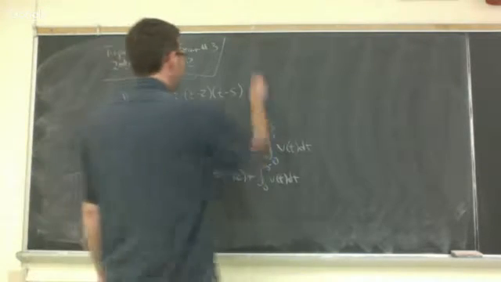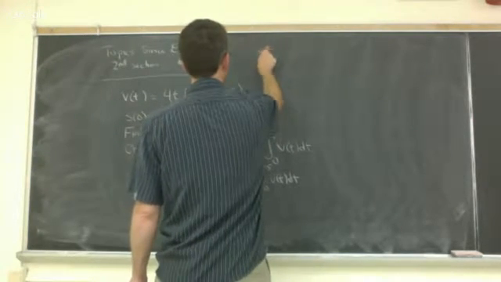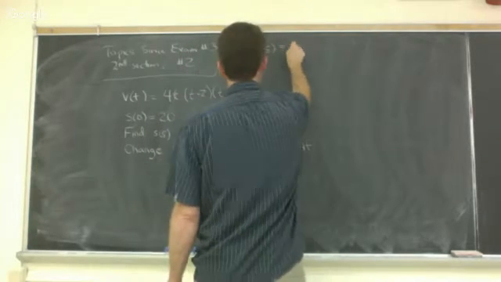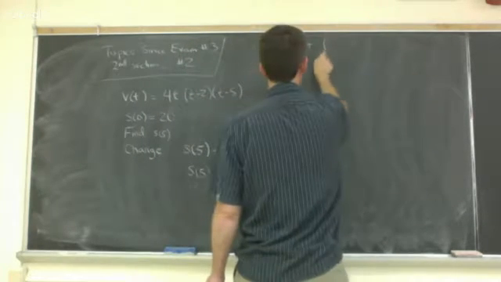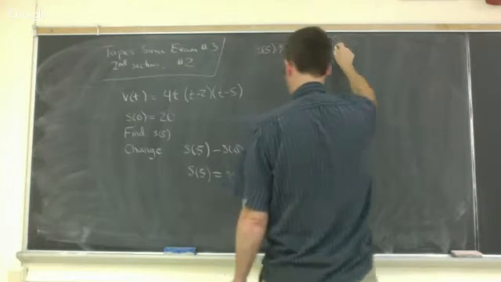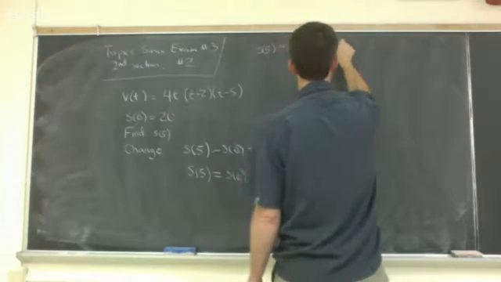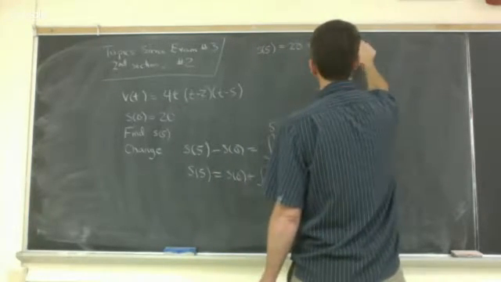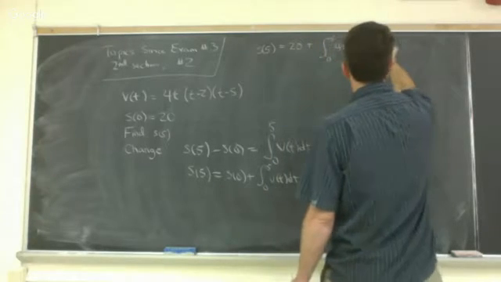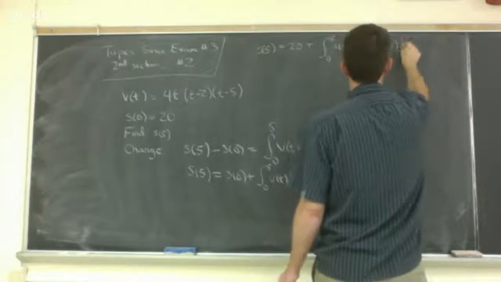So let's write that down. S of 5 is 20 plus an integral from 0 to 5 of my velocity formula, 4t (t minus 2)(t minus 5) dt.